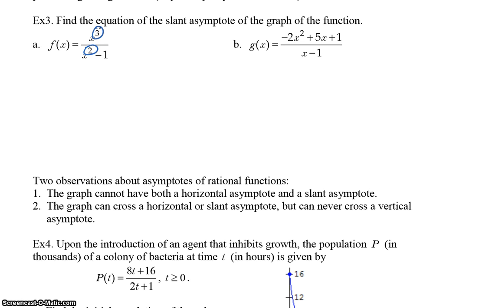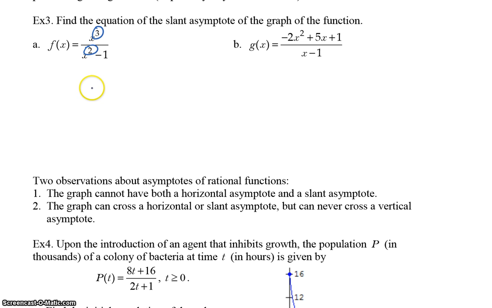Since our divisor, x squared minus 1, is not a linear divisor, not a first degree polynomial, we have to use long division here, but it's not too hard to do.